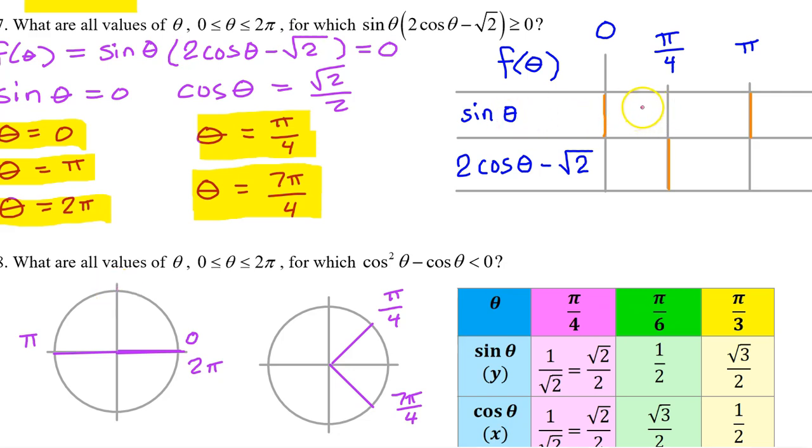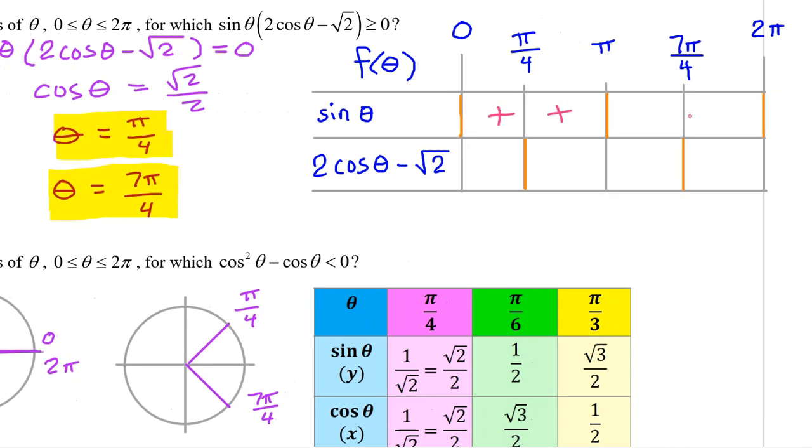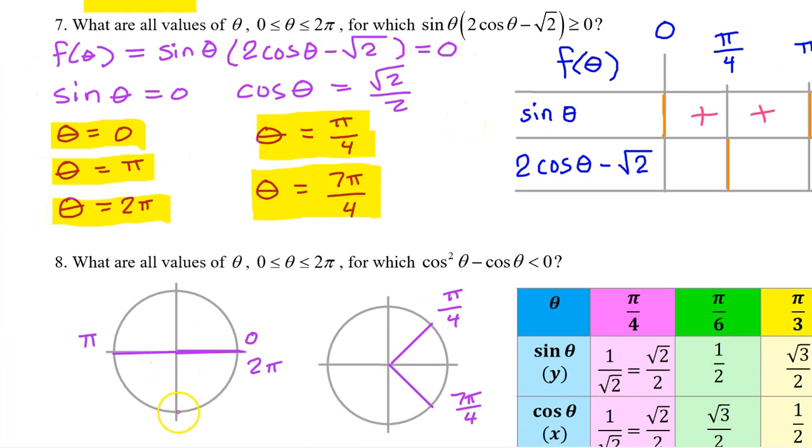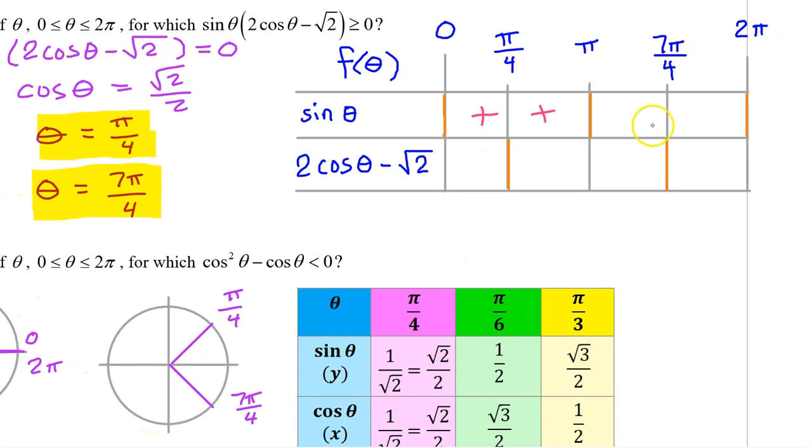So this factor is positive in this interval. On the interval from pi to 2 pi, I can use 3 pi over 2. The y value here, and thus the sign, is negative 1. Emphasis on the negative. So sine theta is negative in this interval.